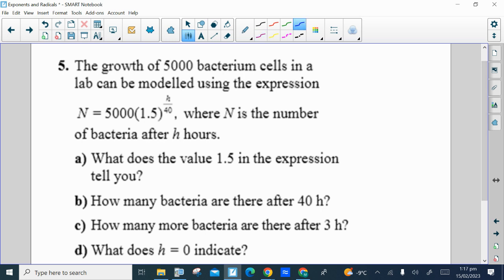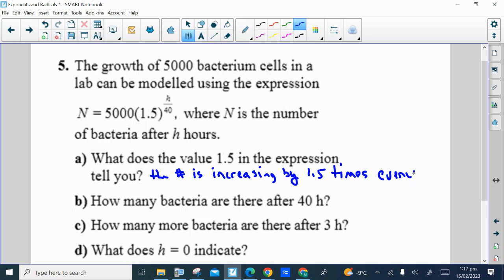So as we said yesterday, it means that the number of bacterium, or we can just say the number, is increasing by 1.5 times every so many hours.